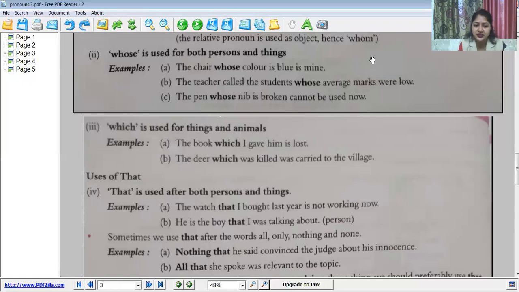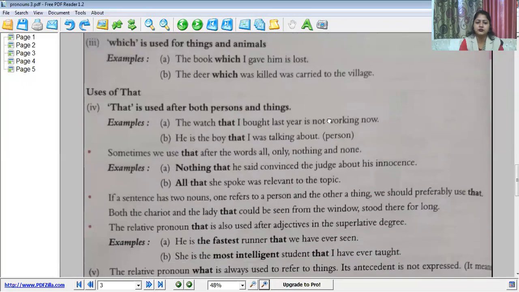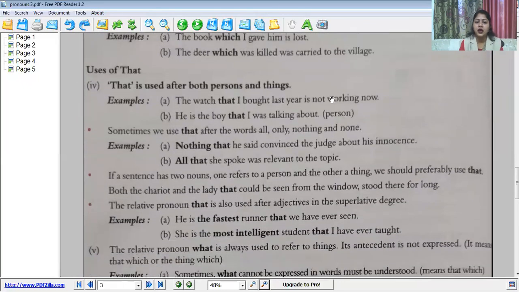Now the next one. Sometimes we use that after the words all, only, nothing, and none. Let's see the examples. Nothing that he said convinced the judge about his innocence. So along with nothing, you will use that. Again, all that she spoke was relevant to the topic.